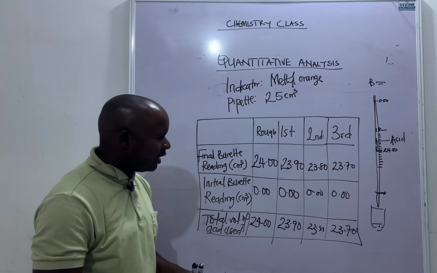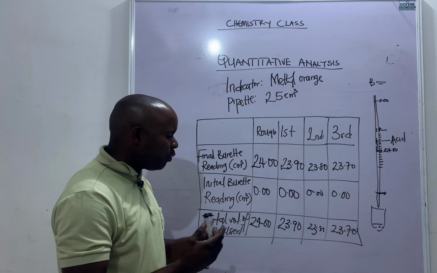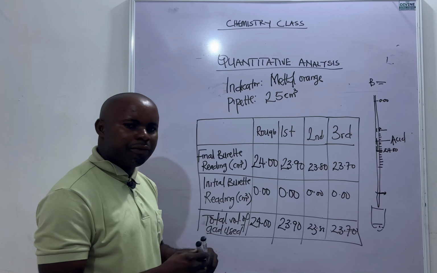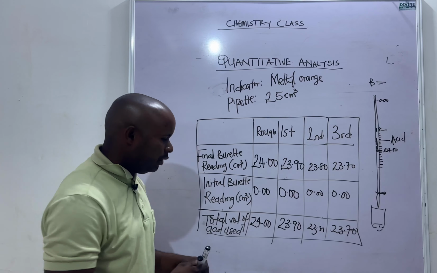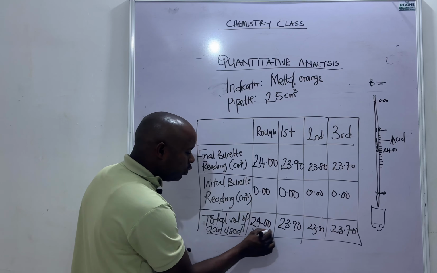So in this regard, how can you have the average volume of acid used? As a student, you're not going to use this rough.